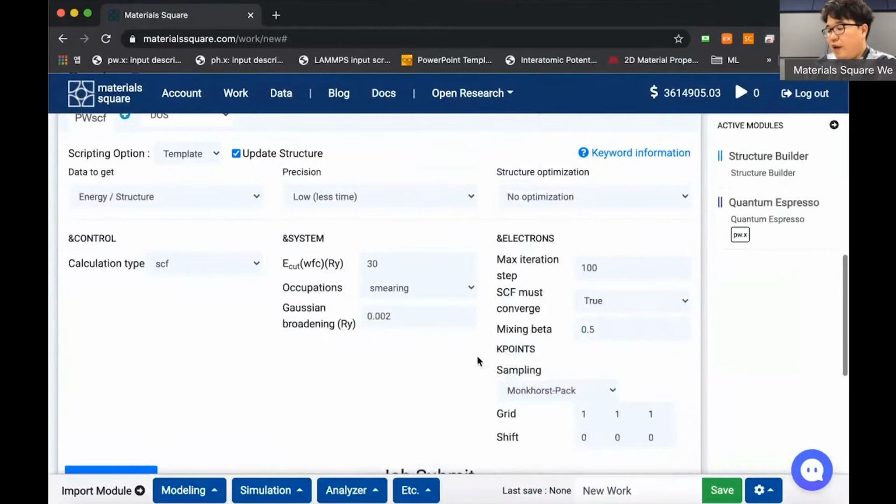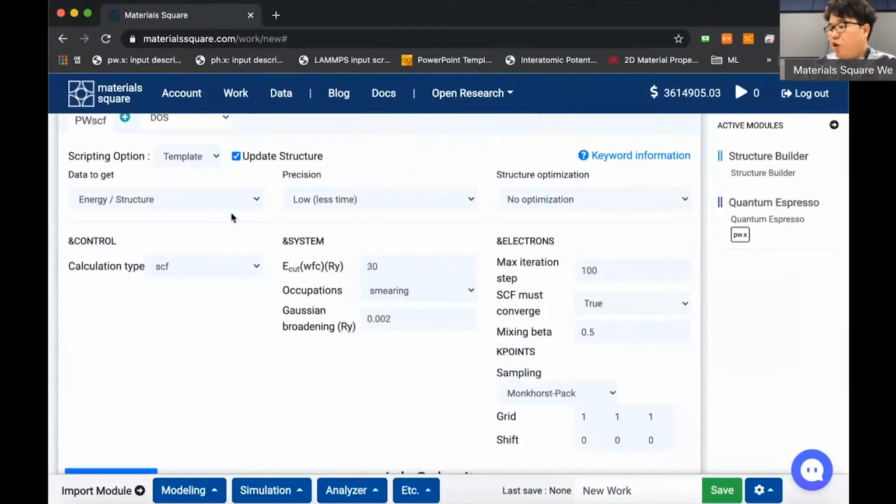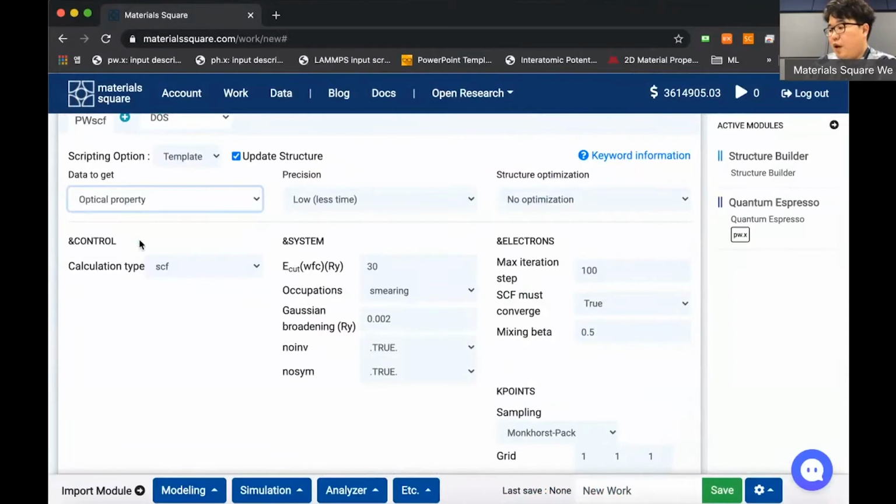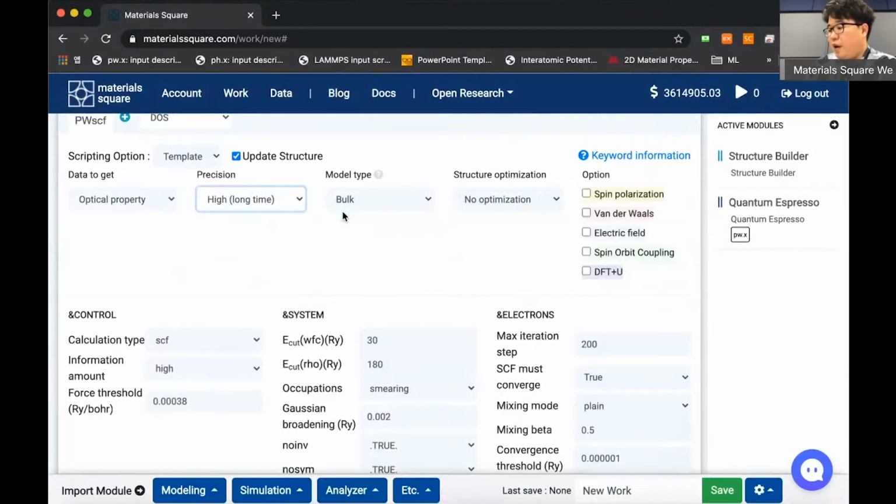For today, we are going to do relaxation for the optical properties. So you select the data to get, and you should change it to optical property. And for precision, I want a little bit more accurate calculation, so press high. The module type is bulk, since silicon is bulk, so just leave it as bulk.